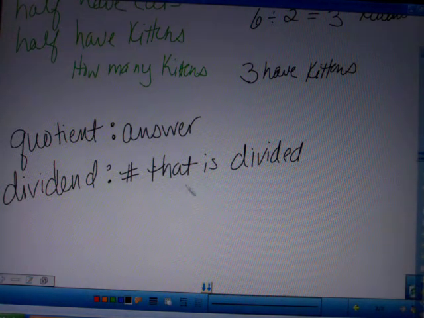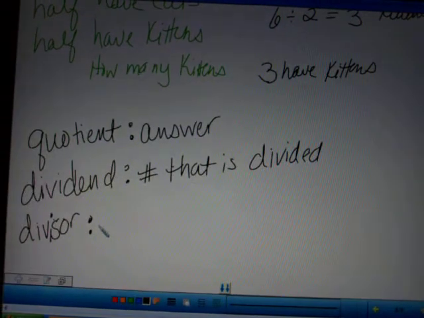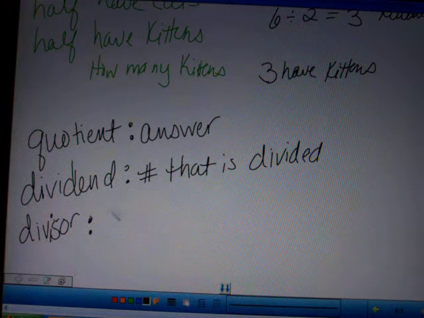We have our dividend, that's the number that was being divided. And then the other one is the divisor. I spelled divisor wrong, I added an extra I in here. The divisor's job is the number used to divide the other number. In other words, that's the number that's doing the dividing.